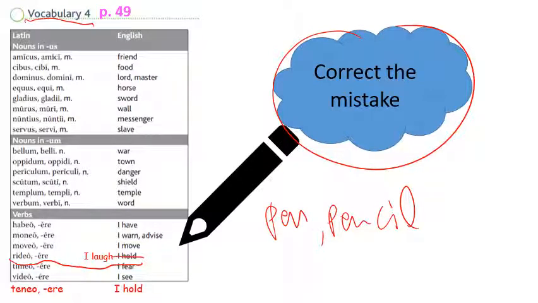I want you to cross out I hold and write I laugh. Okay? The mistake here is I hold. You need to cross out I hold and write I laugh because rideo means I laugh. Then at the bottom of the table, I want you to add the verb teneo, which means I hold.